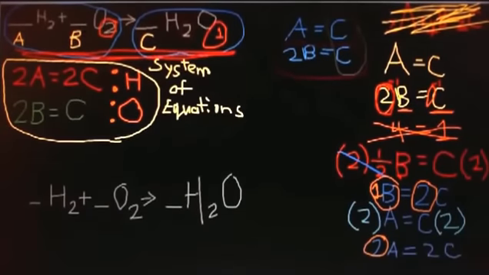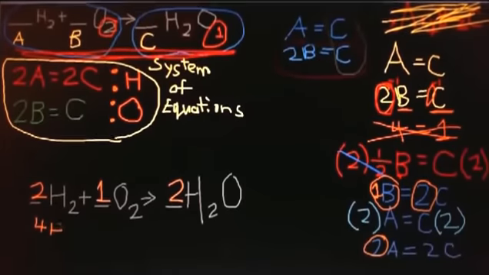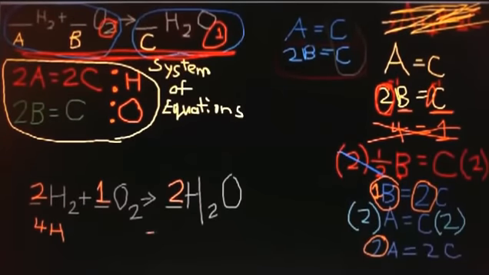And if we put the numbers in, for example, we had 2a, so let's put 2 in for a, and we have 1 for b, so let's put a 1 there, and we have a 2 for c, so let's put a 2 there. We have 2 times 2, which is 4 hydrogens on this side, and we have 2 times 2, which is 4 hydrogens on this side.